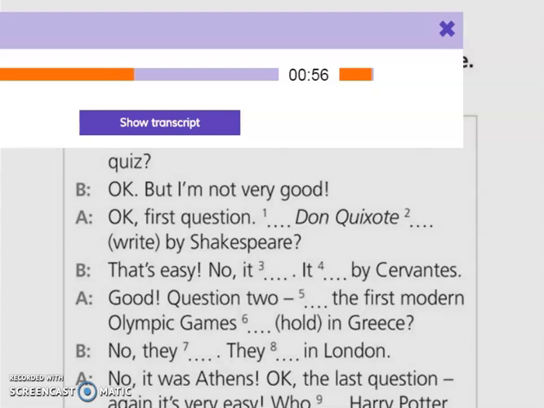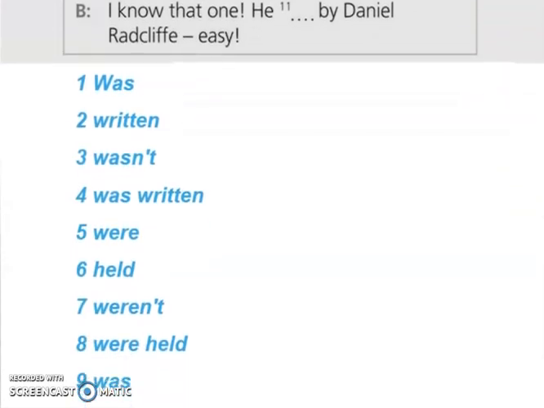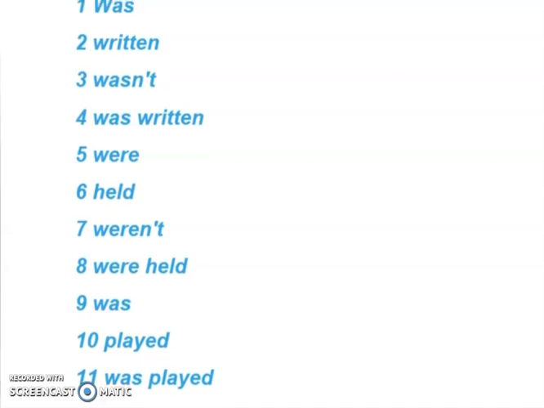Question 2. Were the first modern Olympic Games held in Greece? No, they weren't. They were held in London. No. It was Athens. Okay. The last question. Again, it's very easy. Who was Harry Potter played by? I know that one. He was played by Daniel Radcliffe.